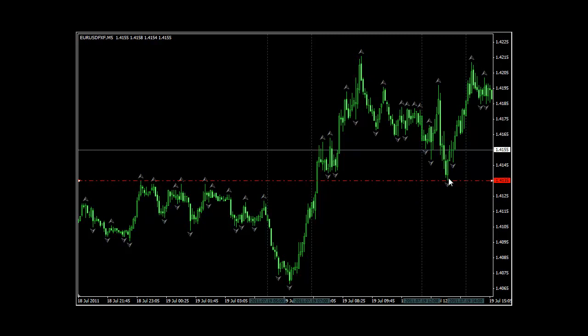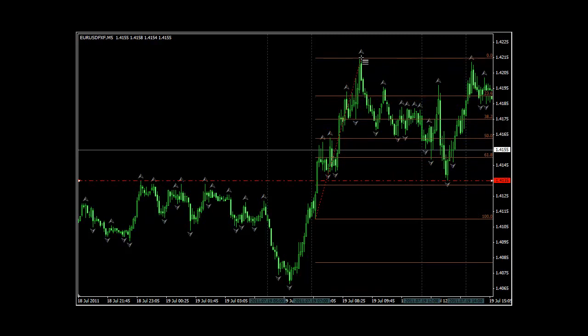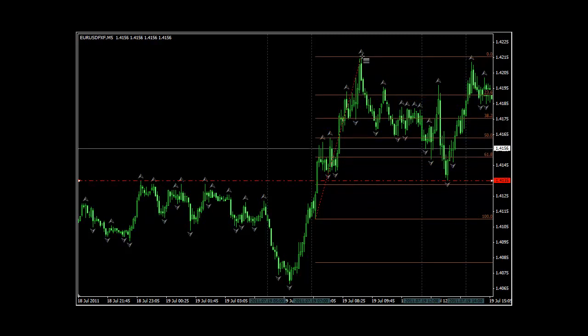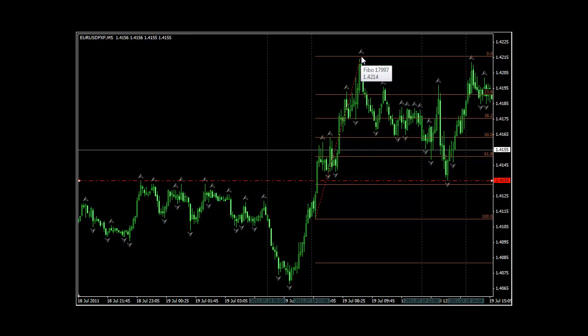These are all common staples to the concepts I've been sharing for over a year now. Watch how we can use this low here, and we're going to pull it up to the high that was made during the London session. So here's the swing low up to the high made in London.